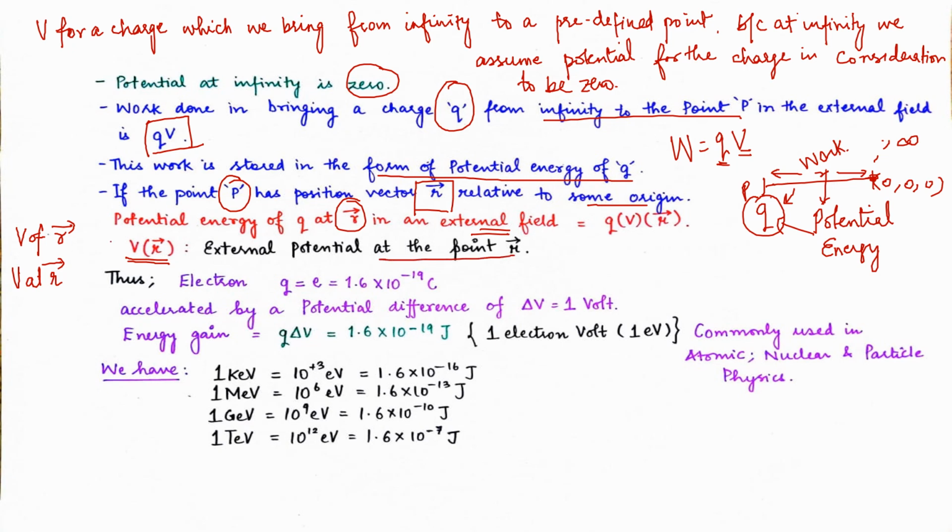This is the way we have defined potential energy in the external field, which is given as QV, that is the work done, and as this V is defined at position vector r, it will be written as QV of r.